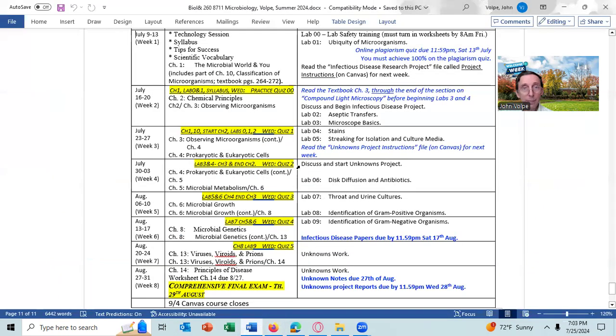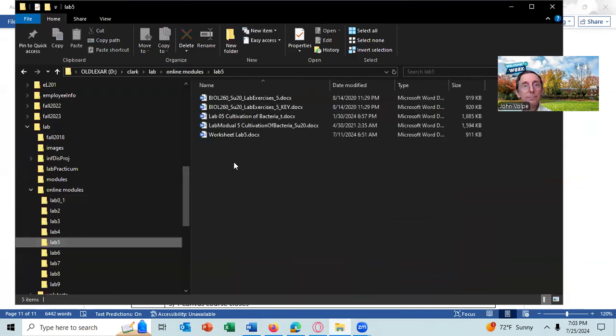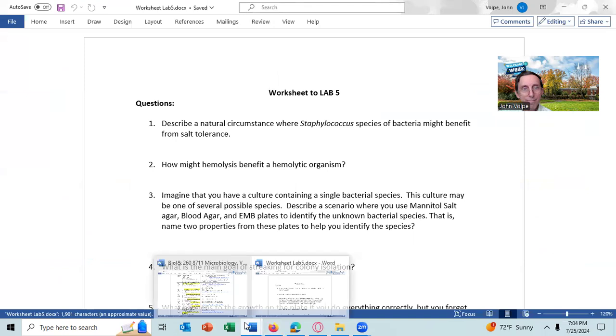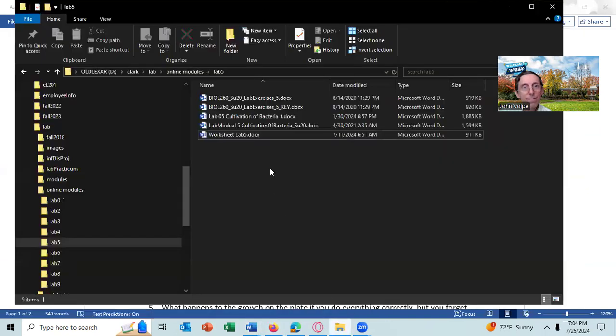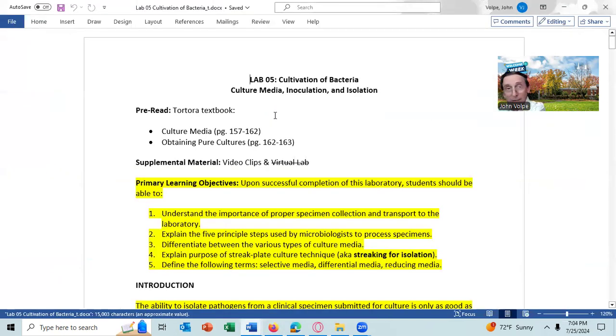All right, so today we're doing lab 5. Yep, get it in time. So let's go to lab 5.